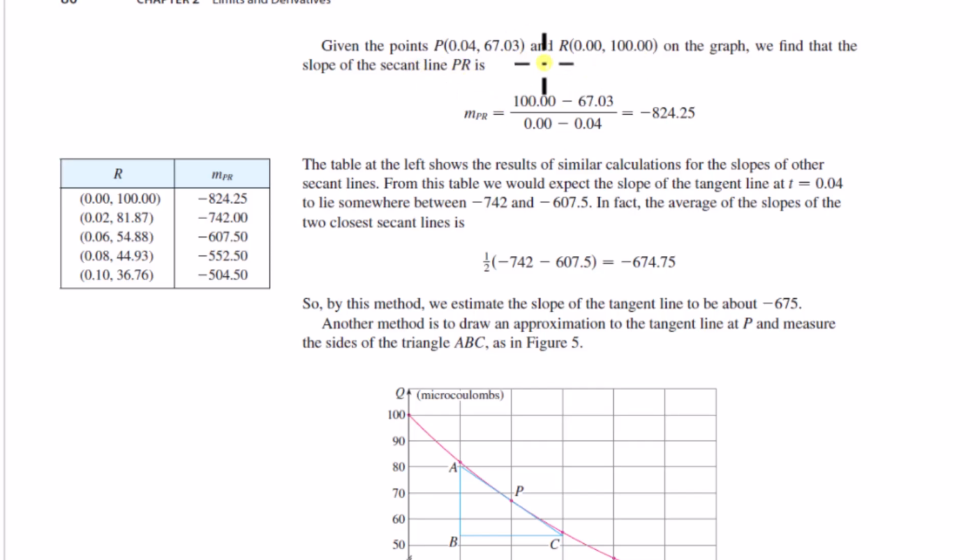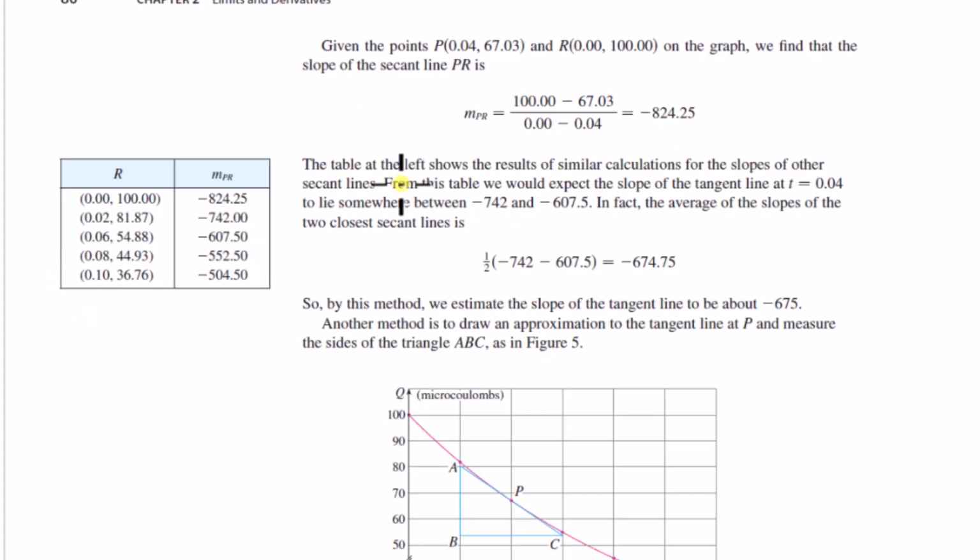Now point R was the other point we chose to calculate this slope. So here they just use all of the other points as point R. This is the slope we just calculated, but what if we used the point for time equal to 0.02 as point R, and then point P would be the time equal to 0.04. Same with time equal to 0.06, 0.08, 0.10.